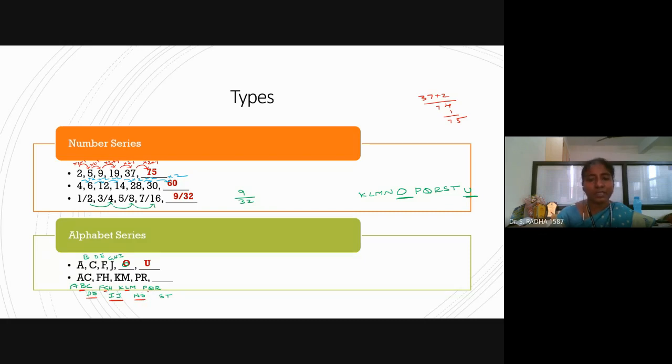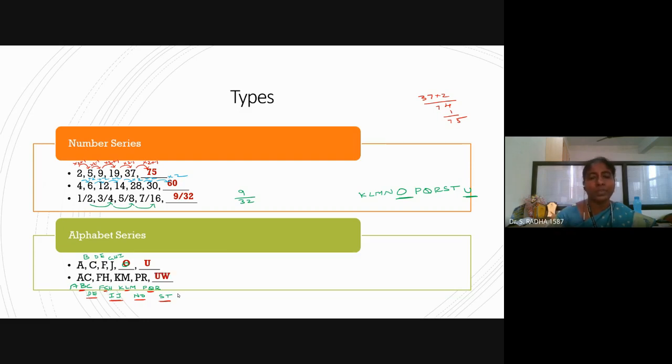Then PQR, in between Q is skipped, so PR is the next combination. After that, we skip S and T, two letters. Then after ST, U, V, W. In between, the letter should be skipped.